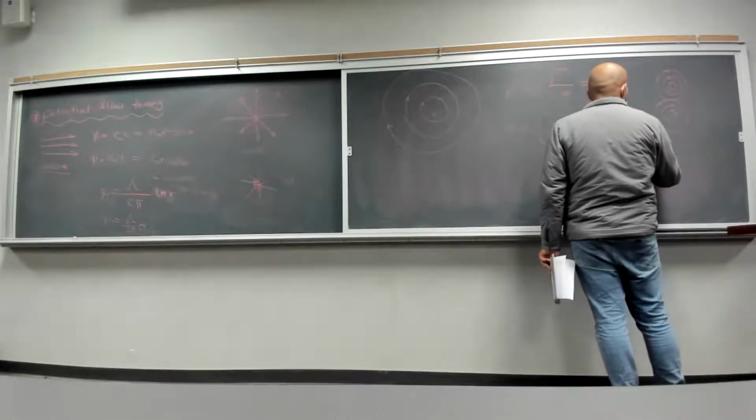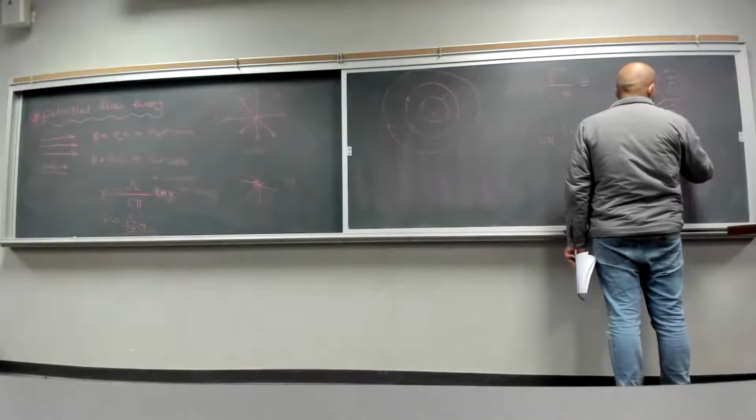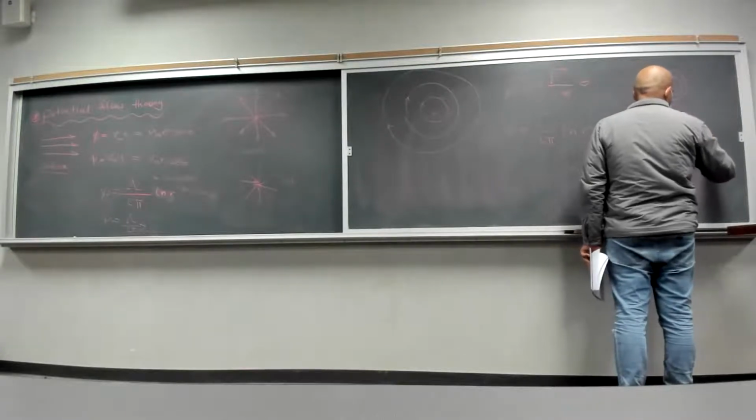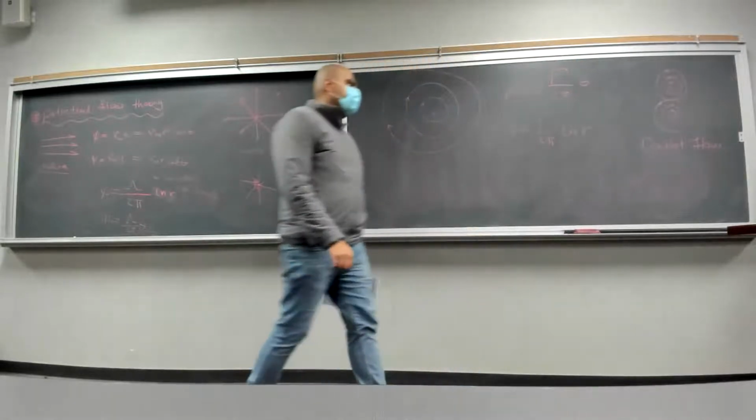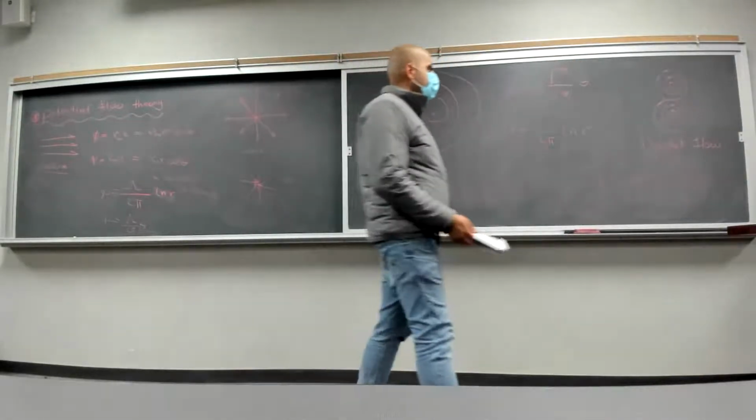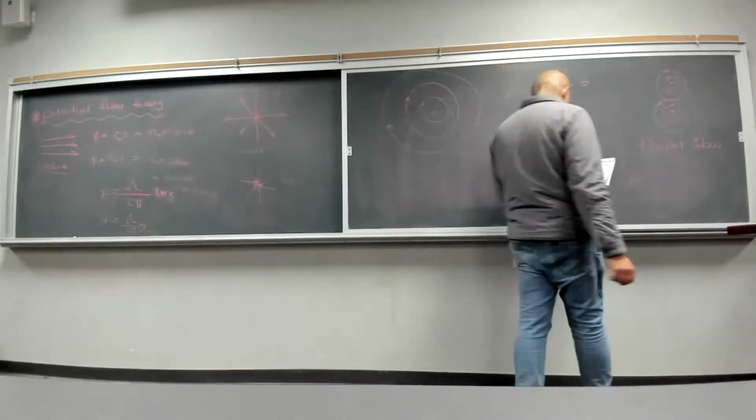This is called the doublet flow, and the strength of this doublet is called kappa.